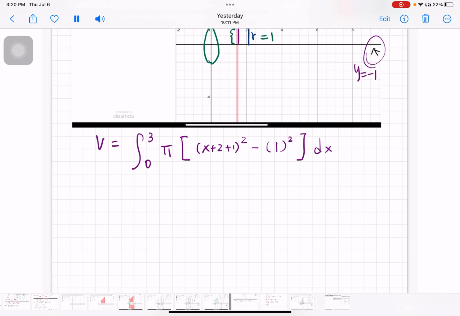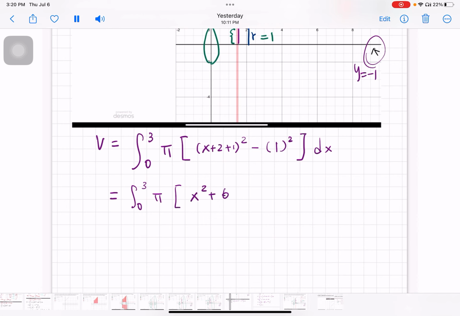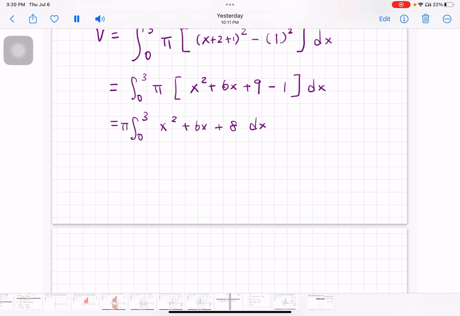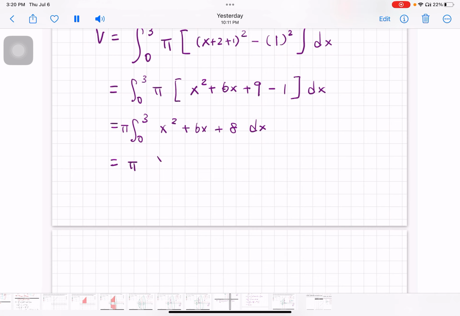Doing some simplifications, which is x plus 3 squared. Actually FOIL it, we got x squared plus 6x plus 9 minus 1, which is going to be x squared plus 6x plus 8. Integrate them using the power rule.